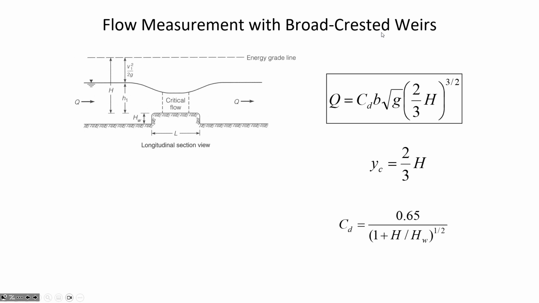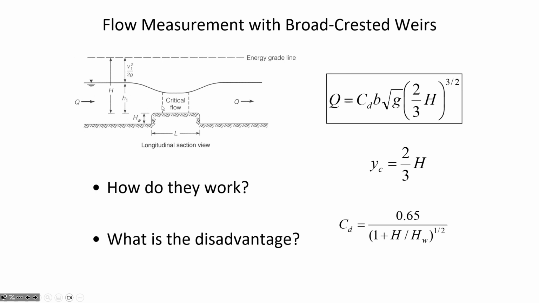You may think that would be a straightforward thing, but unlike in a pipe where we can put in something like a magnetometer-based flow rate measurement, it's a little more difficult to know how much water is going through an open channel. So broad-crested weirs are one way that have been used in the past to determine the flow rate, but there's a big disadvantage with a broad-crested weir, and that is the accumulation of sediment and debris on the upstream face of that step.